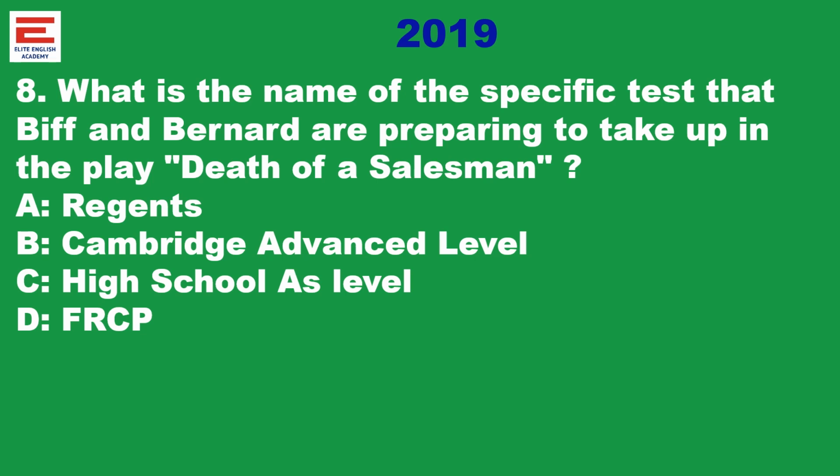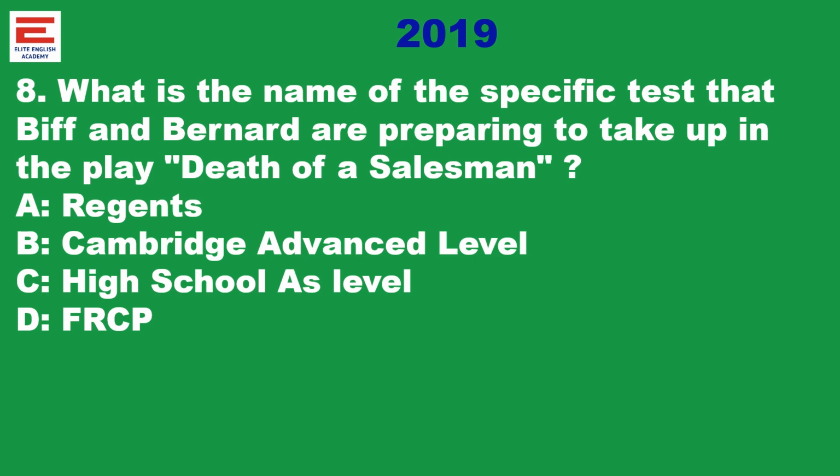Actually, this particular incident takes place in Act 1 towards the end, the 7th scene. In this scene, Willie Loman demands that Bernard give the answers to Biff. But Bernard reveals that he's already helping Biff to cheat. So definitely he cannot help him in the Regents exam.